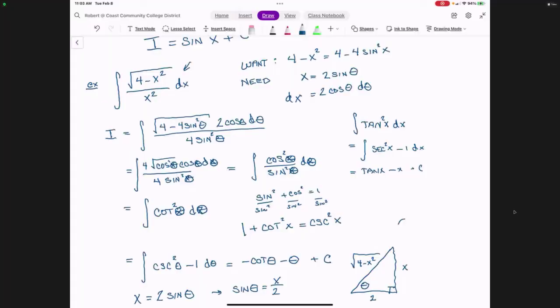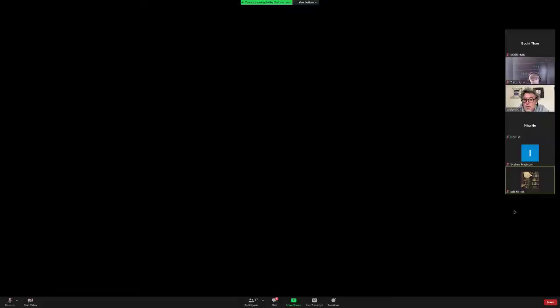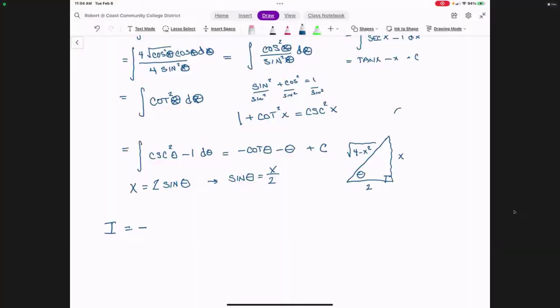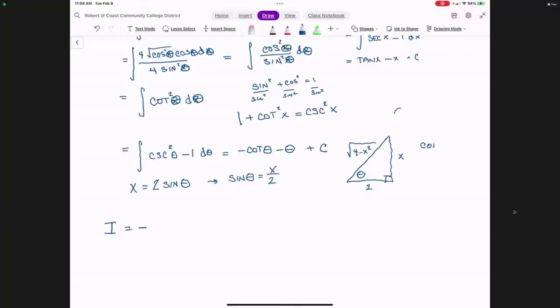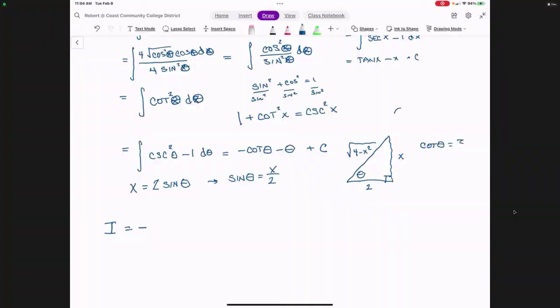So anyway, what would the cotangent equal? The tangent of this angle is x over 2, so the cotangent of that angle would be 2 over x, right?